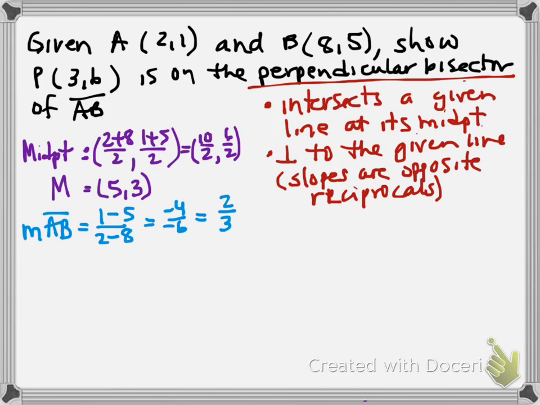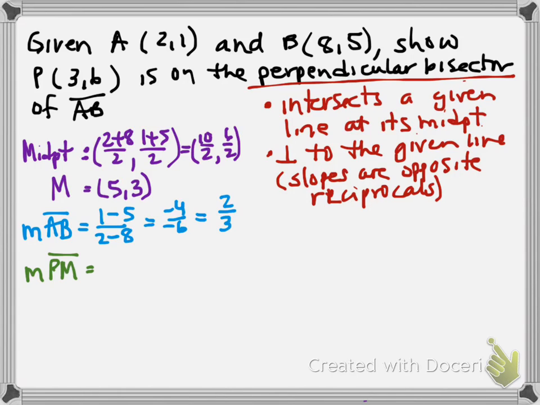Okay, now, P is on this perpendicular bisector. That means it has to pass through the midpoint. What does it have to pass through? The midpoint. It has to pass through the midpoint. So now what I want to do is to figure out the slope of this line we think is a perpendicular bisector, which would be the line PM.